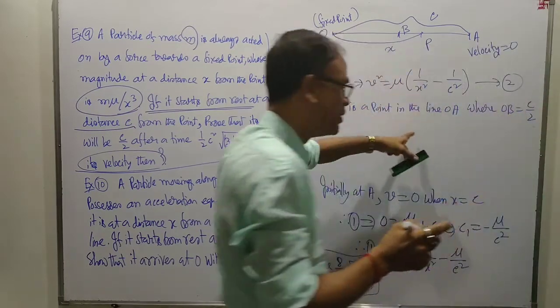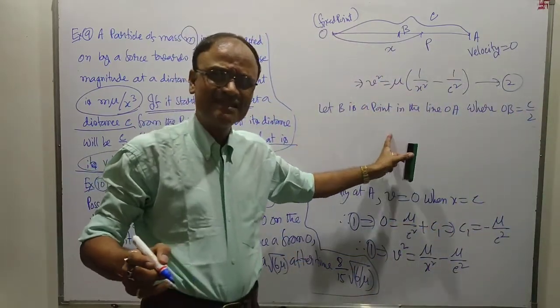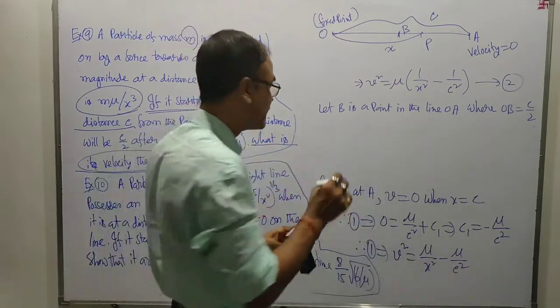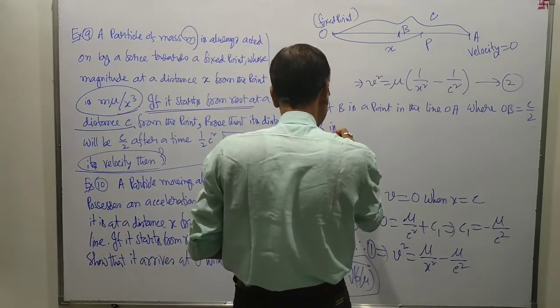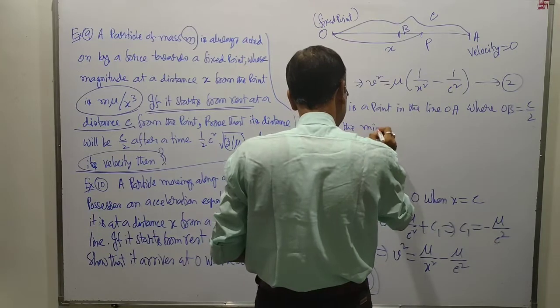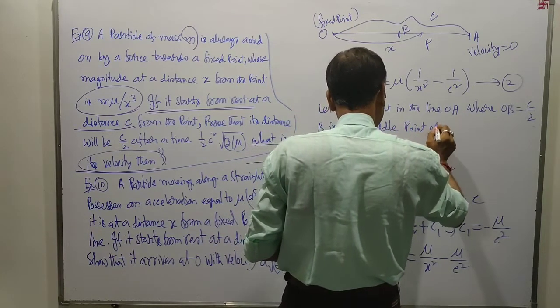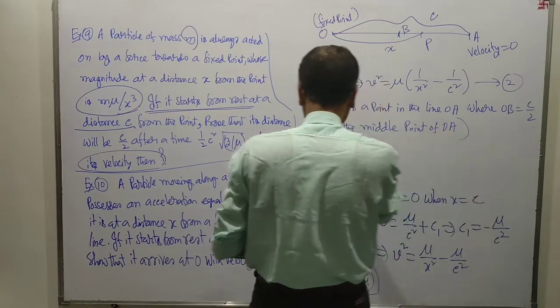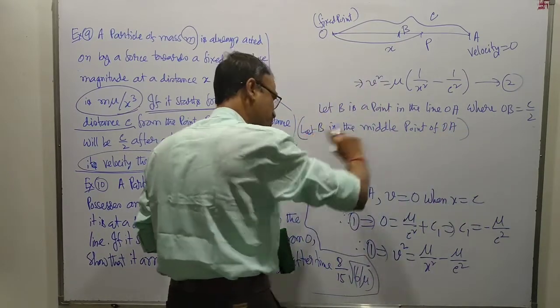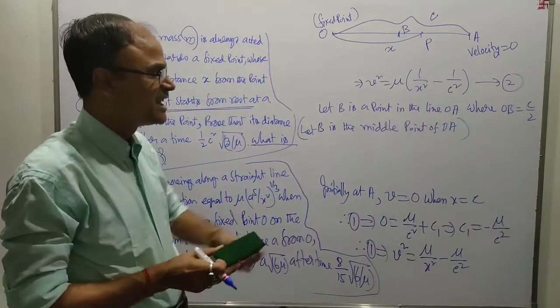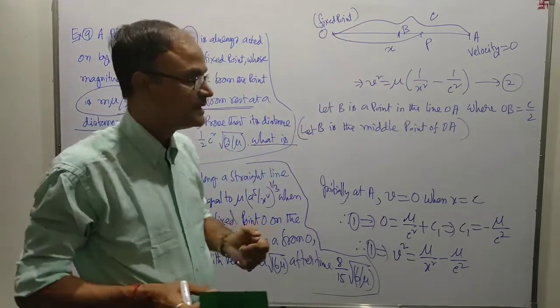That means B is the middle point of OA. Therefore, OB is equal to C by 2.